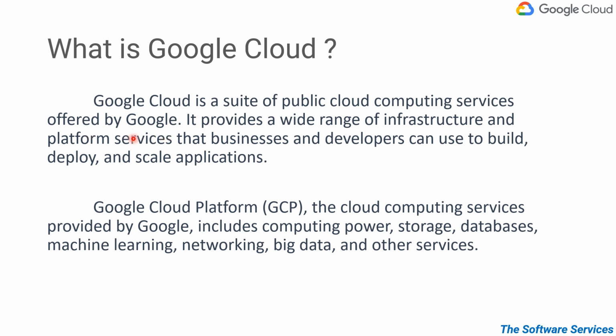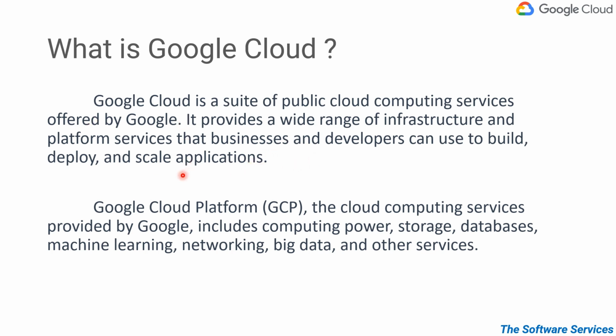So you can imagine how powerful that infrastructure is. Billions of users daily use Gmail and Maps around the globe, so that much scalability Google has, right? So we can hire, lease, or rent those infrastructure services to deploy our applications.